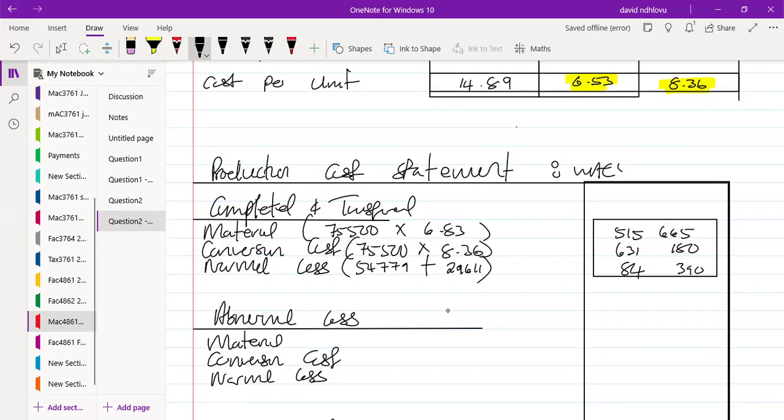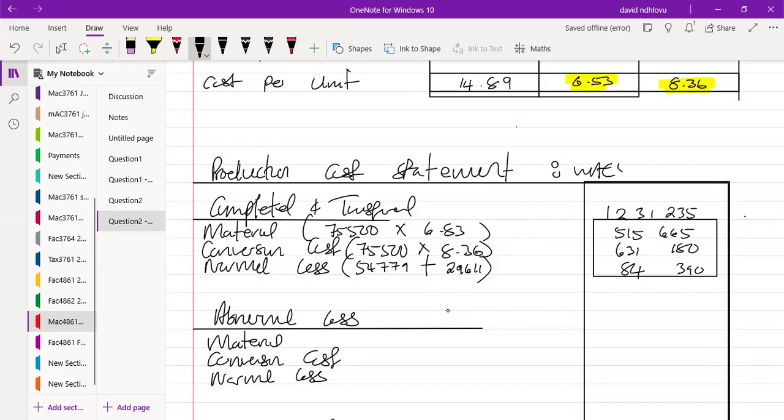Then you add everything together, and you're going to get 1,231,275. So this goes to your calculation of cost of sales.